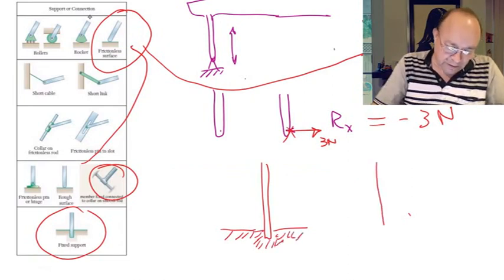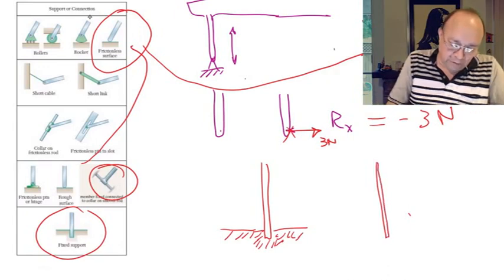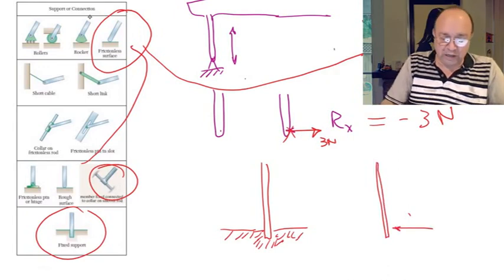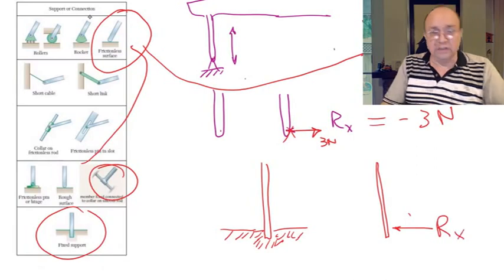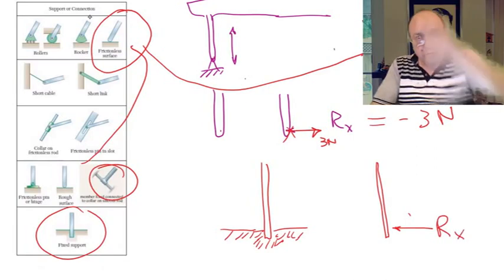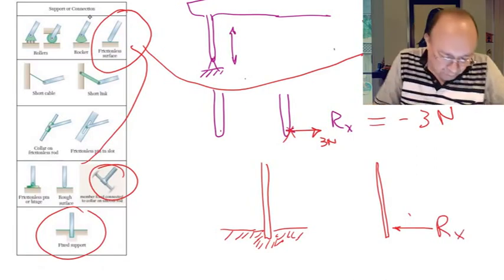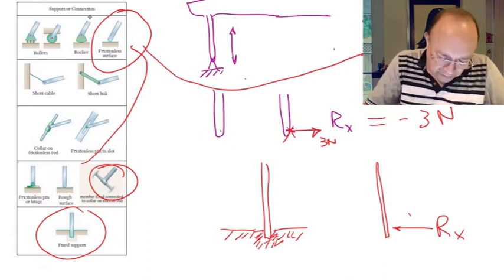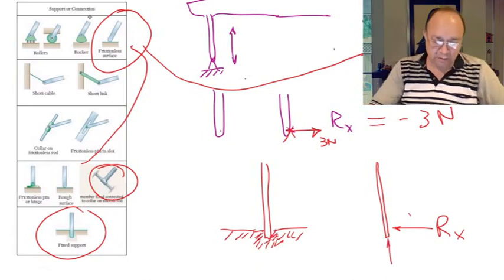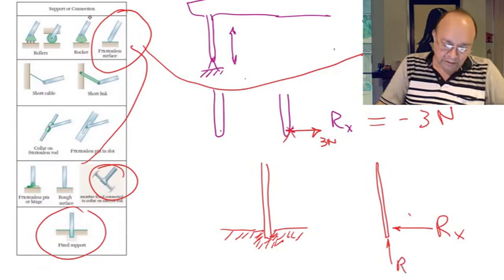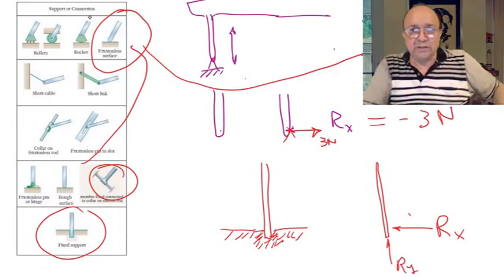So if this element tries to move to the left or to the right, the support is not going to allow it. So there will be a reaction in the x direction. If it tries to go up or down, it's completely attached to the floor, so it doesn't go anywhere. It doesn't go up, it doesn't go down. So there will be a reaction in the y direction.